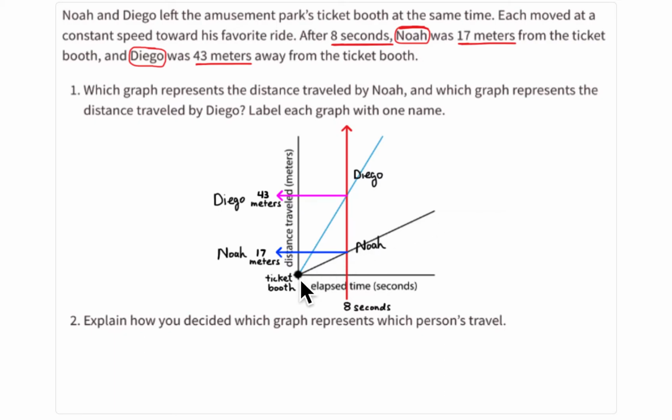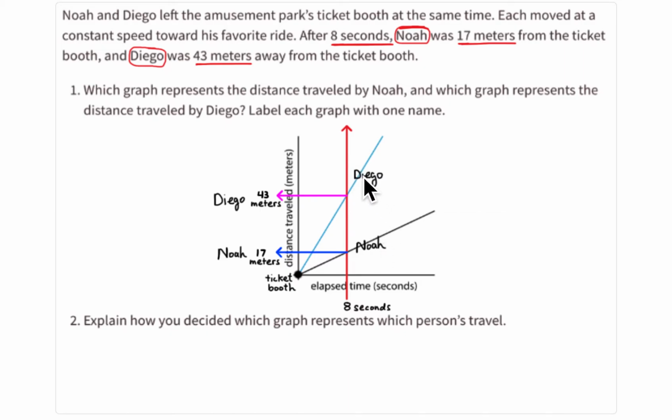So the slant or the steepness of his graph is less than the steepness of Diego's graph because Diego is moving faster. In the same amount of time, he's moving farther. So that makes his graph steeper. If there was a third person who was moving even faster out here at a farther distance, her graph would be even steeper than Diego's graph.